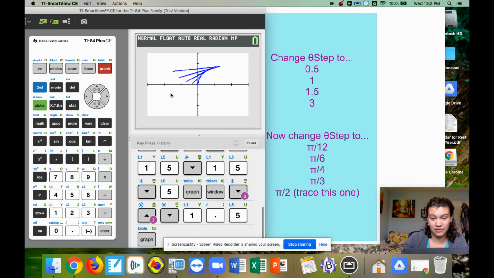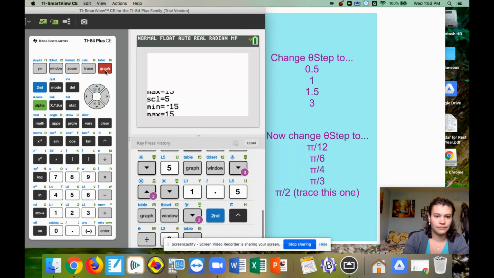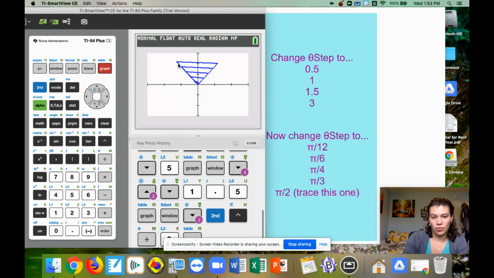You don't get your nice spirals. Now, if I go in and change it to something like pi over 3 and hit graph, you lose your spiraliness. You get the same general shape, but it's all pointy.